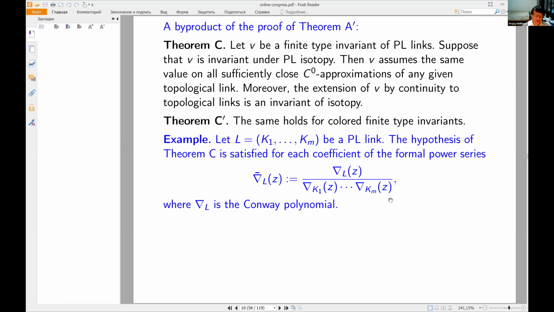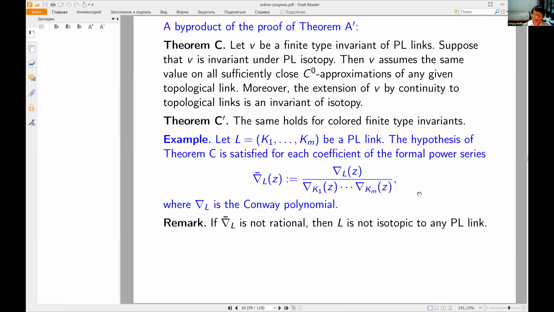Also, this quotient is invariant under PL isotopy, because if you insert a local knot, both the numerator and the denominator will be multiplied by the same factor, namely the Conway polynomial of this local knot which you insert. So every coefficient of this formal power series works for this theorem.